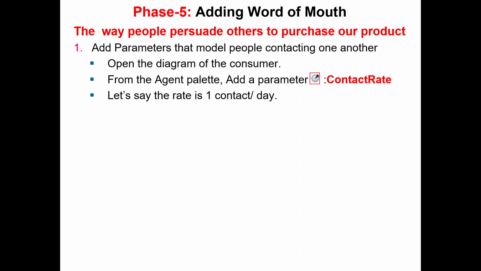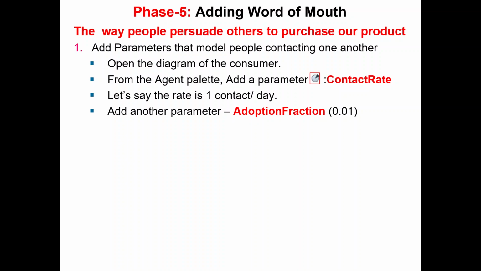Let's say that each consumer makes one contact per day, and as a result of this contact, the potential user might adopt the product, and we will represent it by another parameter, which is adoption fraction, which is 1%.